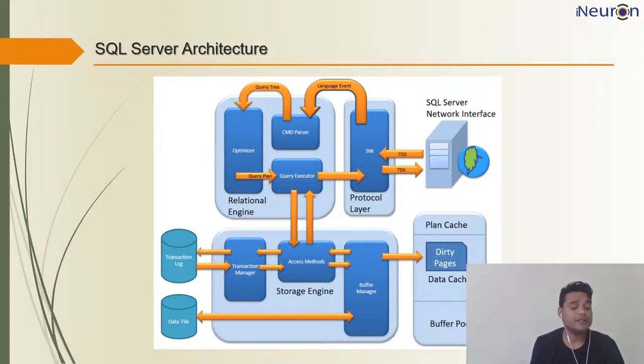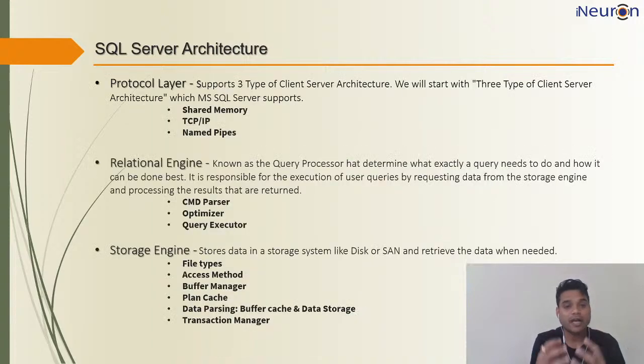Now, I've also discussed the SQL Server Architecture, and the three important components of SQL Server Architecture: the protocol layer, the relational engine, the storage engine, and what types of protocol layers we have.